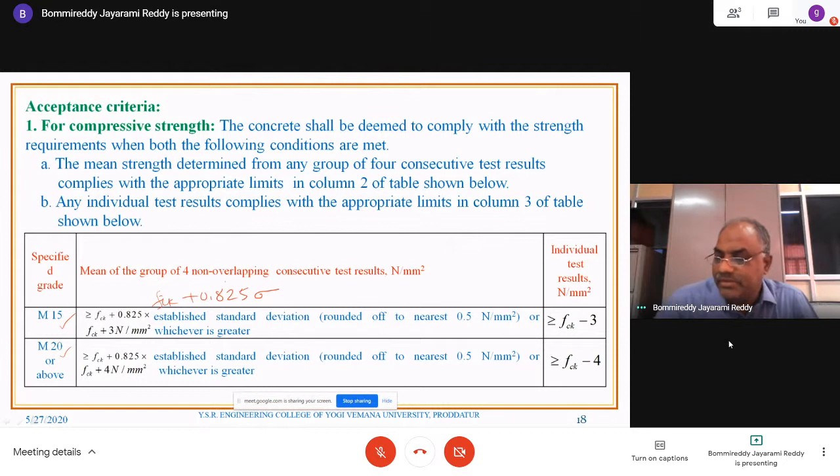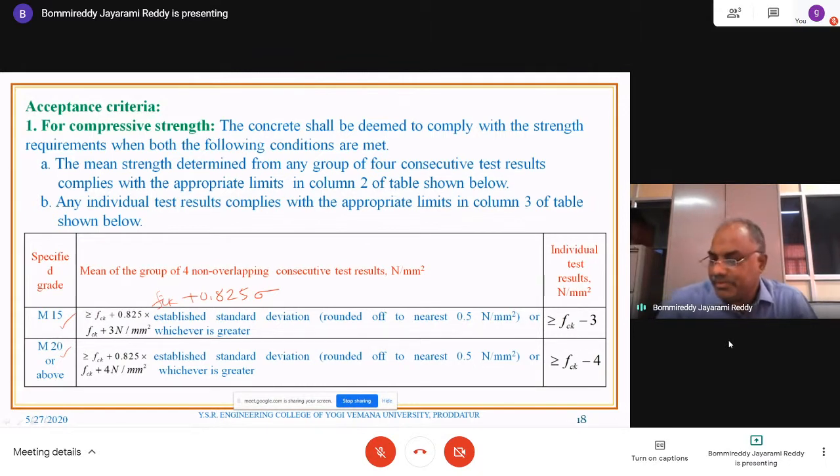So that means the mean of the group of 4 non-overlapping consecutive test results must have more strength than these values. These are the reference values, and the cubes tested for characteristic strength must be more than this value, which we will see a little later with an example.